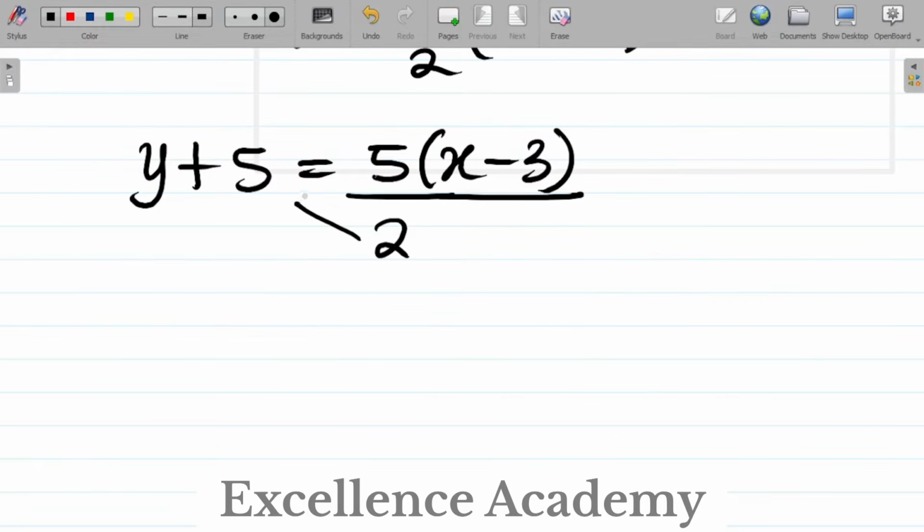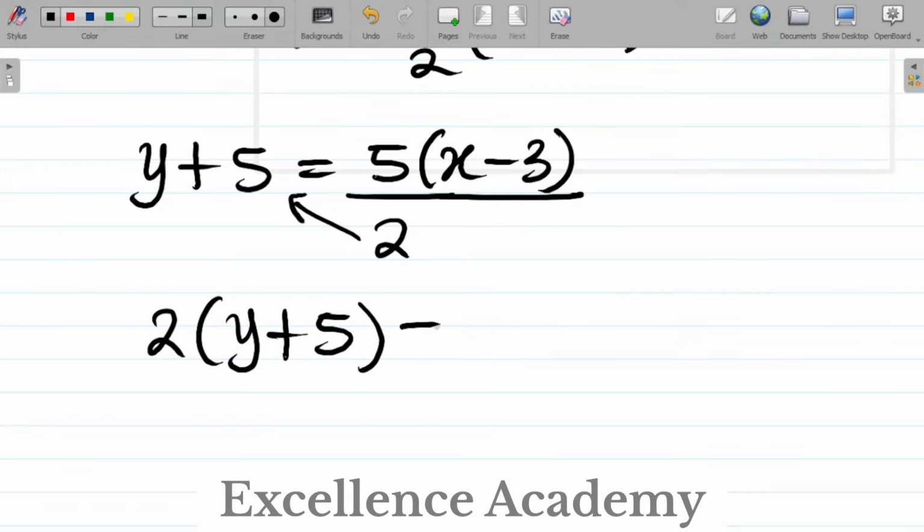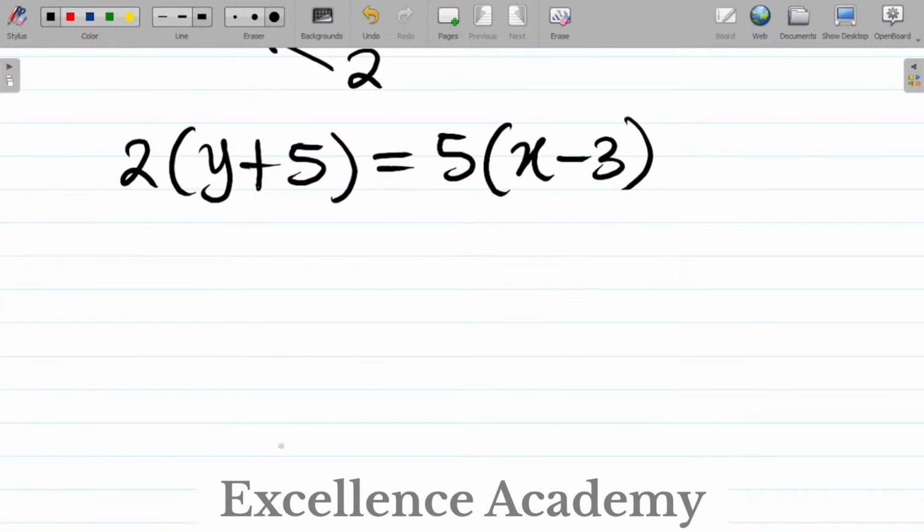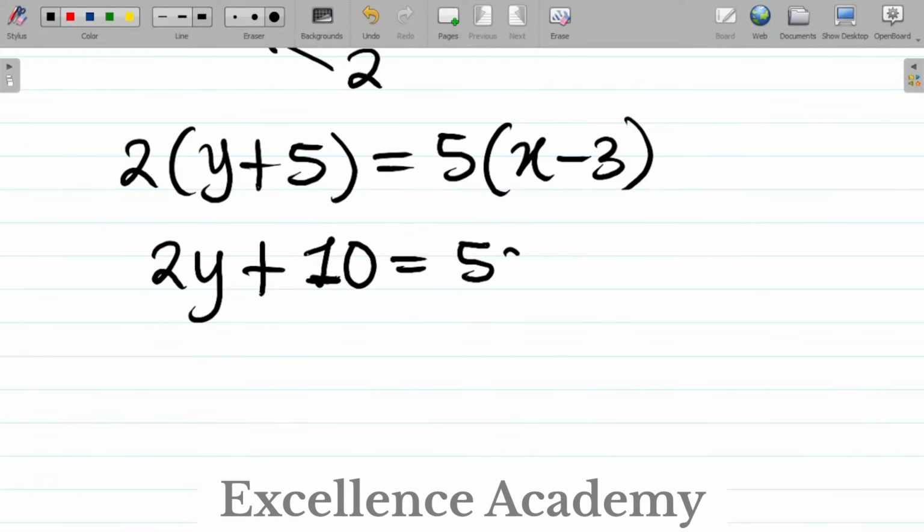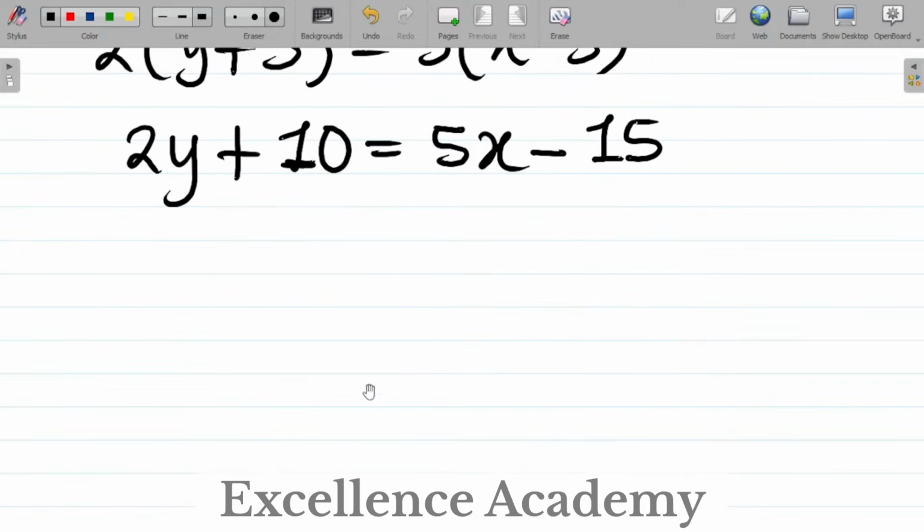This 2 goes this way, so 2 multiplying y plus 5 is equal to 5 into x minus 3. Multiplying this, 2 times y gives you 2y, plus 2 times 5 gives you 10, is equal to 5 times x, which gives you 5x, minus 5 times 3, which gives you 15.